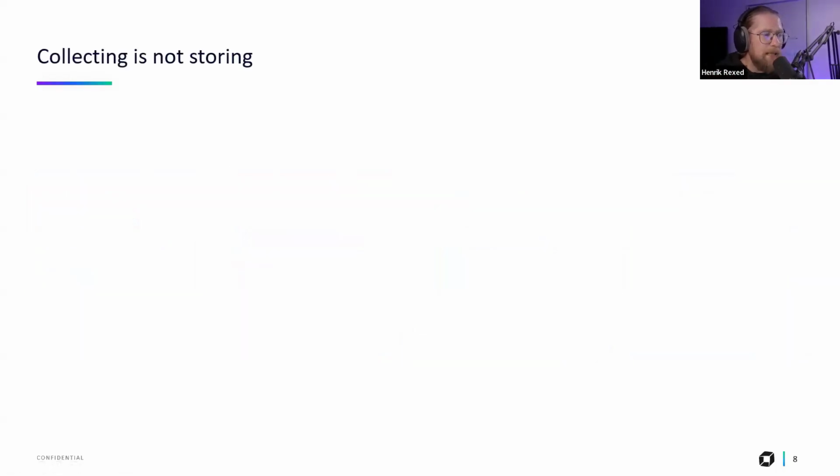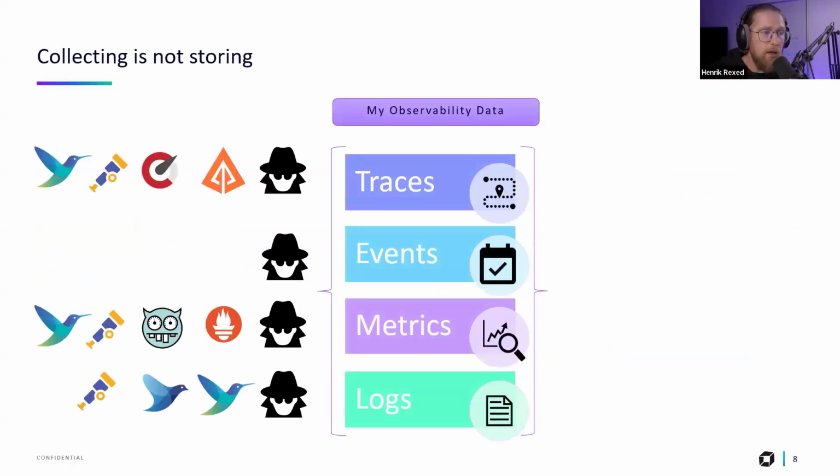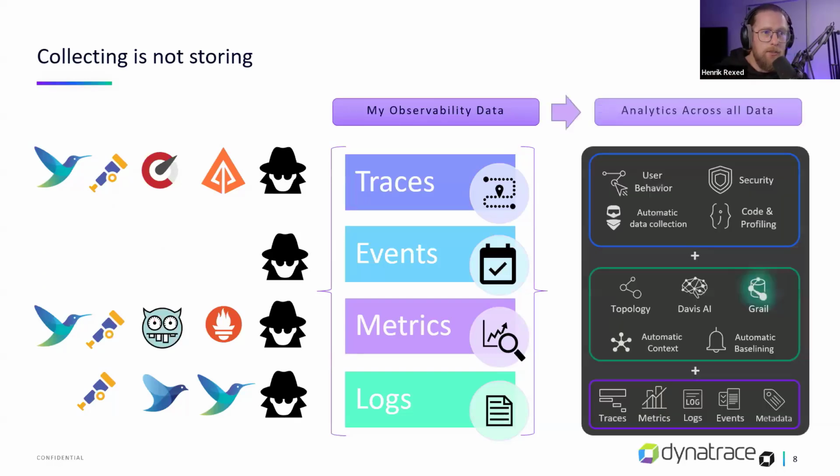So collecting, keep in mind, is not storing. Whatever solution you decide to utilize to report extra data to your observability backend, we don't care how you do that, how you collect it. The idea is that you need a backend, and this is where Dynatrace makes a lot of sense, because at the end we want to have the data well structured in Grail, so we can run our own queries in DQL if we want.